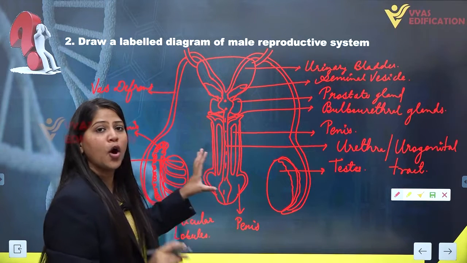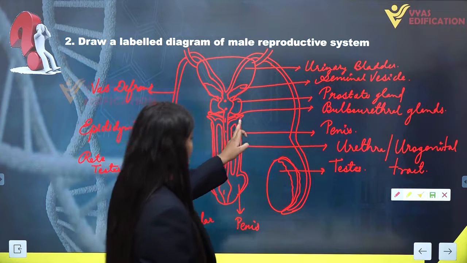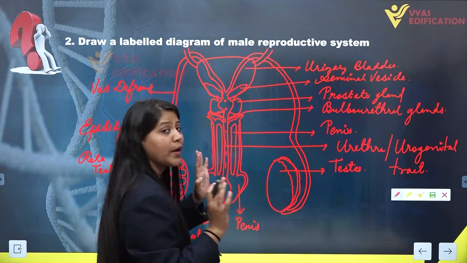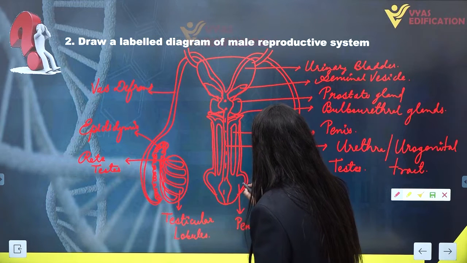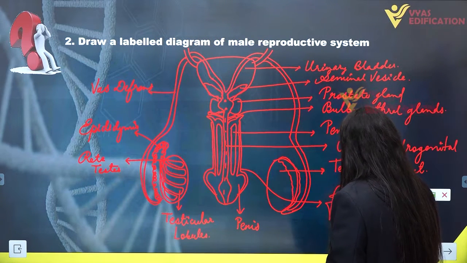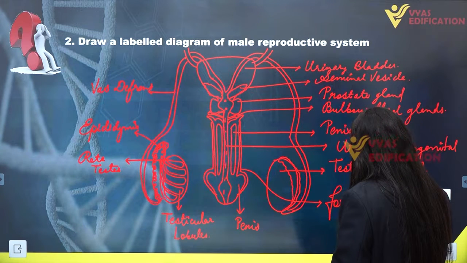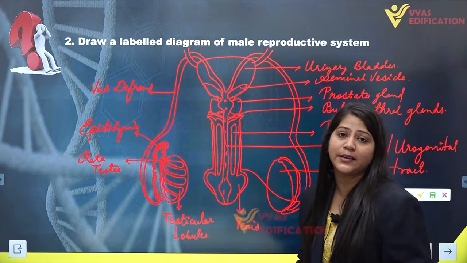So this is your male reproductive system, and of course here we can see a fold of skin over the penis, which is covering penis partially. This skin is foreskin. Now we have completed the male reproductive system.